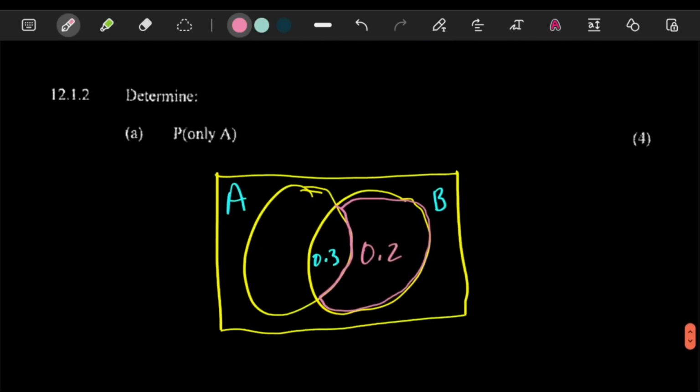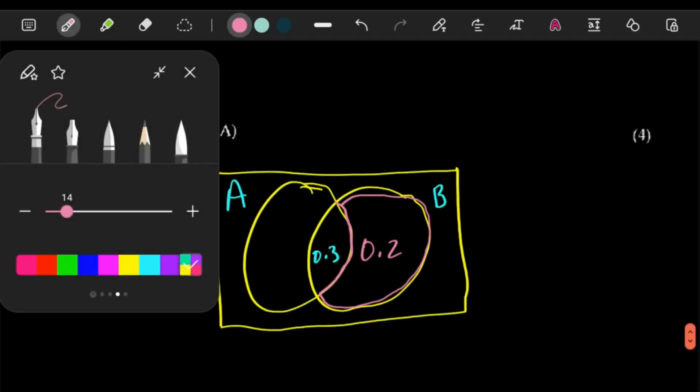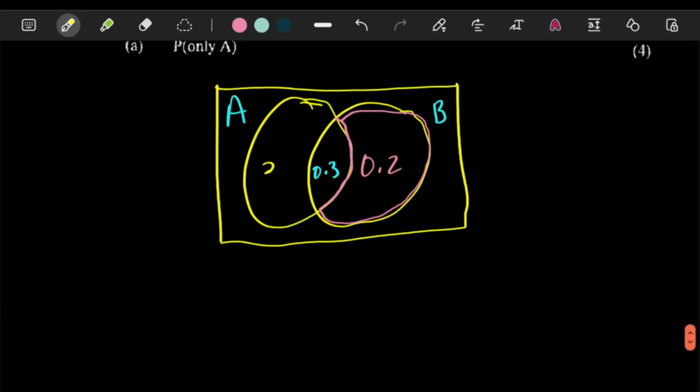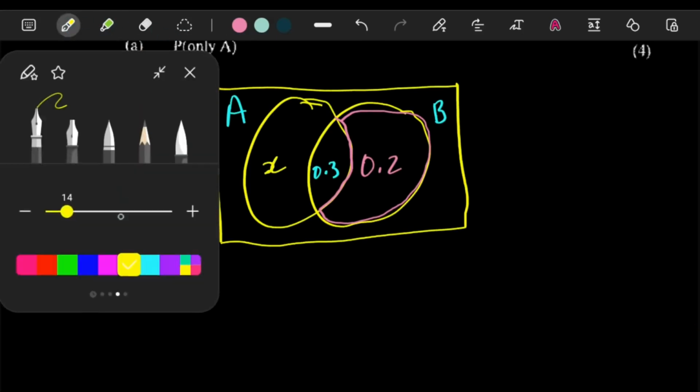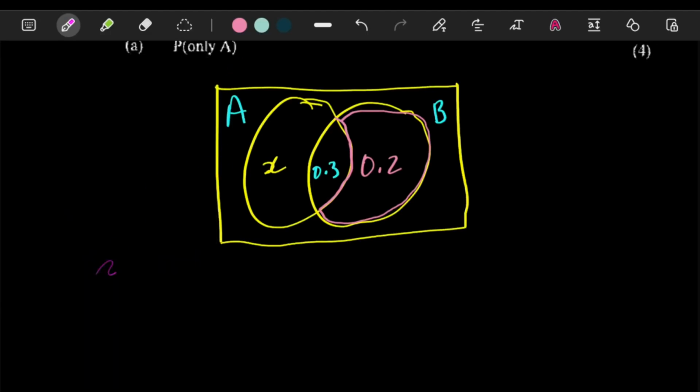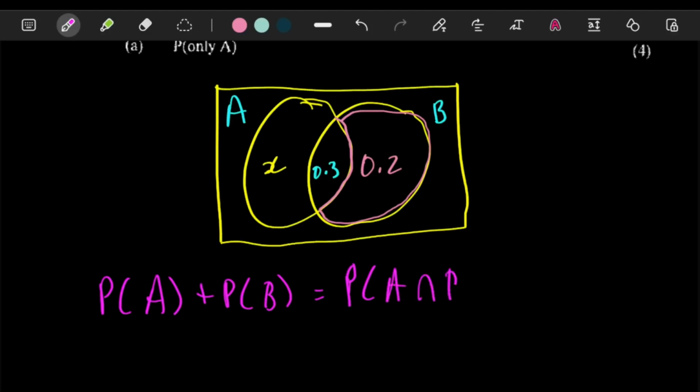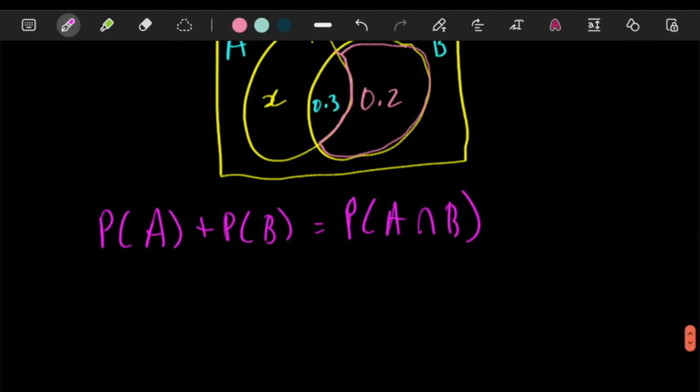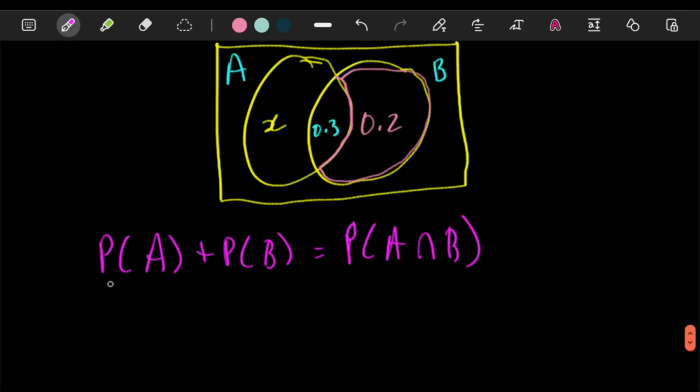I can use the formula, but I need to be careful because this is X. Remember, the probability of A is the probability of A plus the probability of B, which equates to the probability of A and B. The probability of A is these two put together, 0.3 plus X. The probability of B is these two put together, that's 0.5.